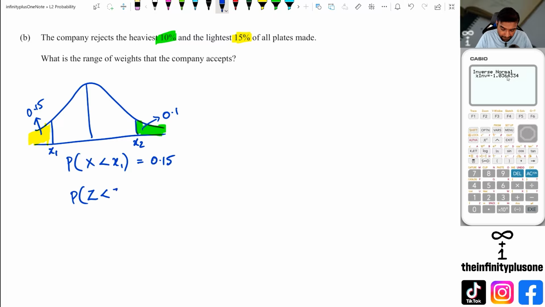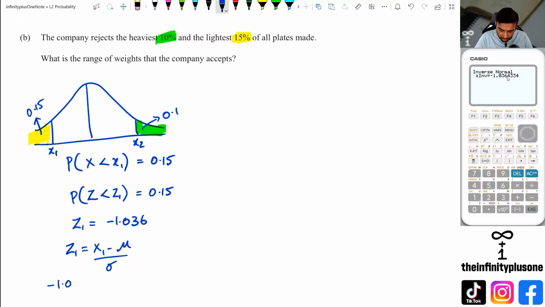It'll be like whatever z1 is equal to 0.15. And then what I would do is I would just write down z1 is equal to negative 1.036. And then if z1 equals that, then we can say z1 equals x1 minus the mean over standard deviation.